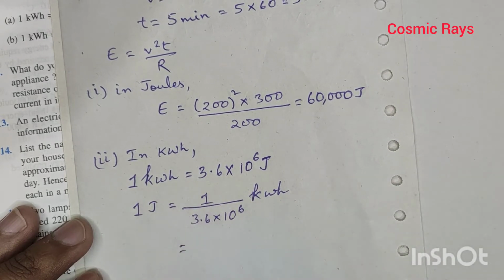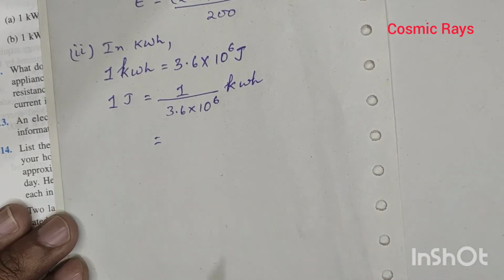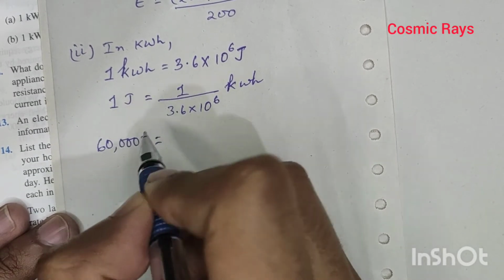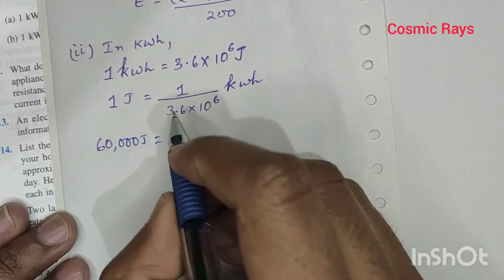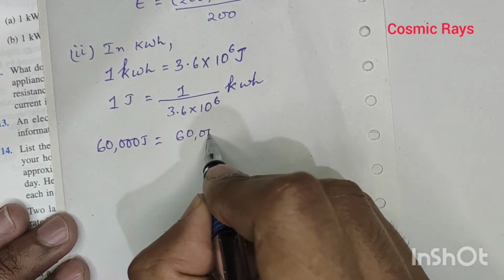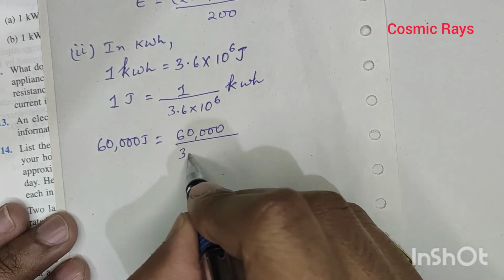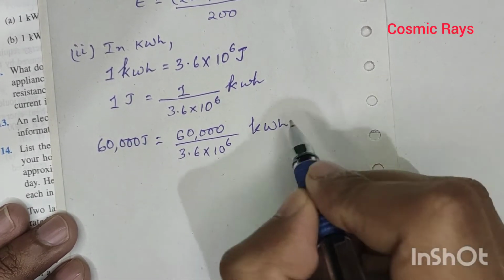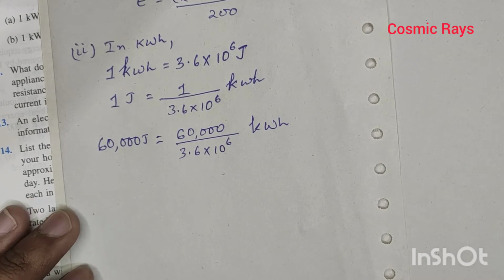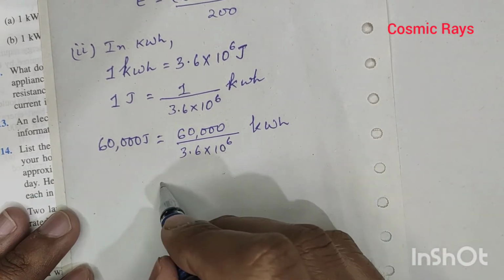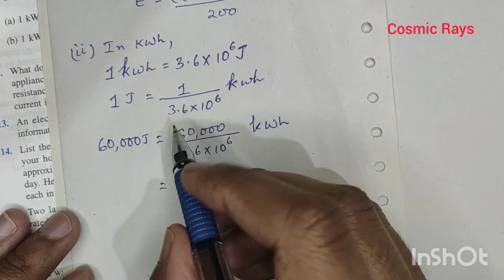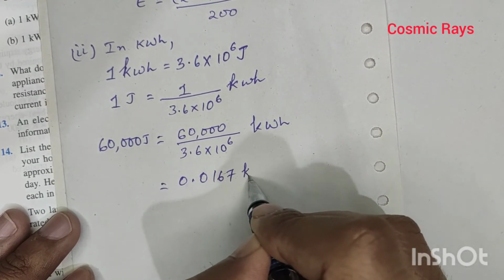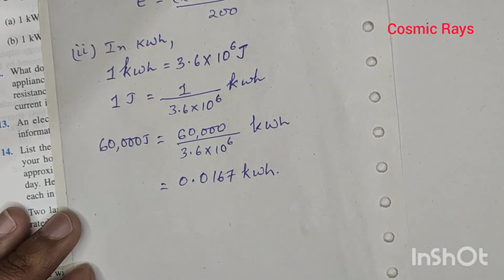So if 1 joule is this much, 60,000 joules would be this multiplied by 60,000. So 1 into 60,000 is 60,000 divided by 3.6 into 10 raised to the power 6 kilowatt hour. Now please calculate it. It would come to 0.0167 kilowatt hour.